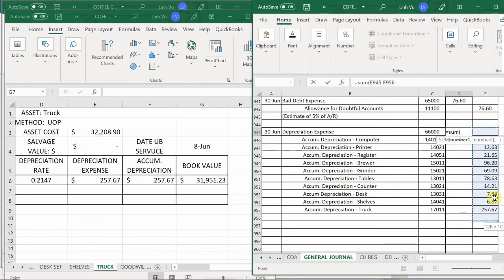Okay, so 12.60. It's 625 and 95 cents. 625.95. Good.